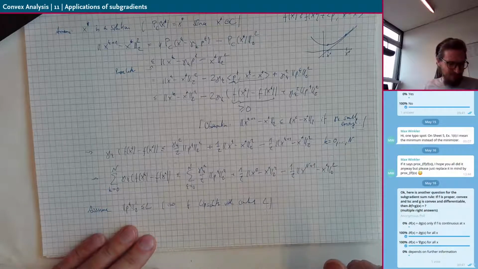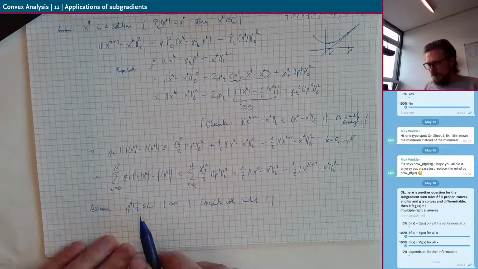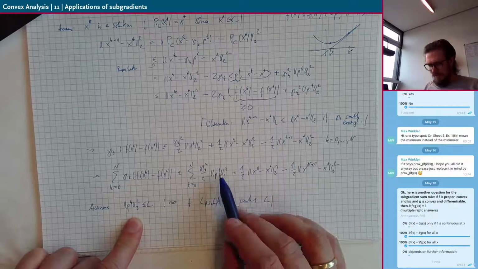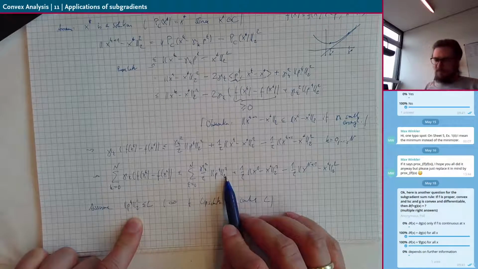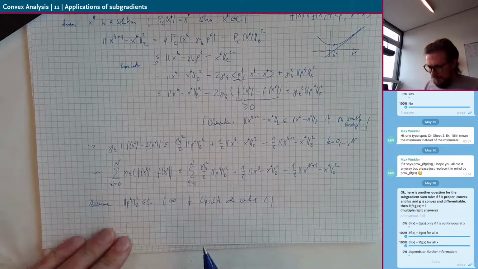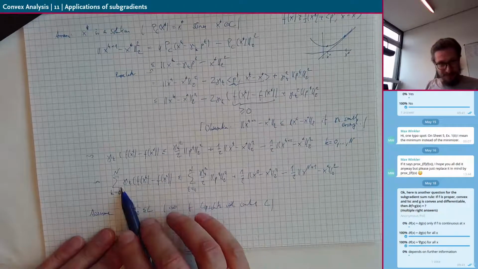Now we do another trick. Of course, this makes the sum very simple: we can estimate the right hand side by L squared from above and take it out of the sum. But we also would like to separate the sum of this guy and that.